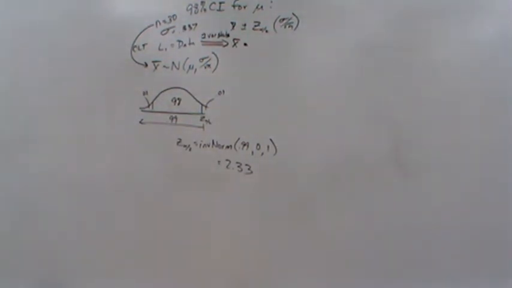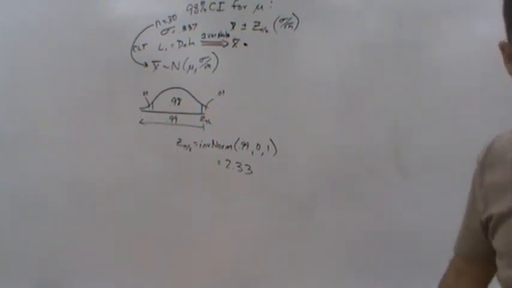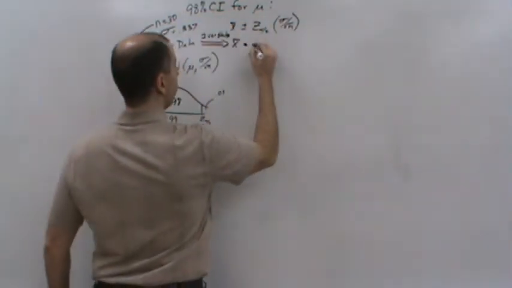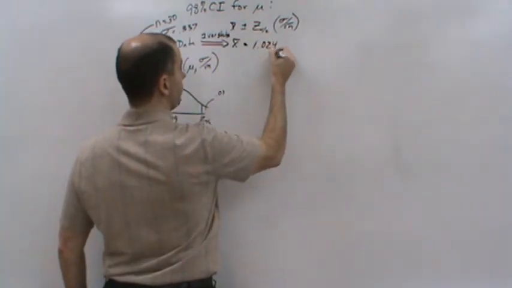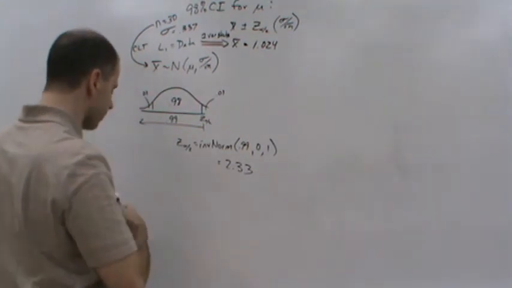So now I'm going to go to stat calc, and I'm going to put in L1 for my function, and x bar is 1.02. Let's go out to 3 decimal places. 1.024. Okay, so now I've got my x bar.